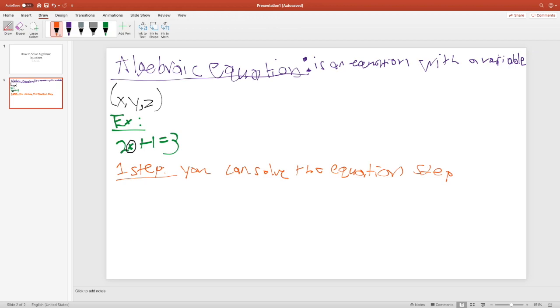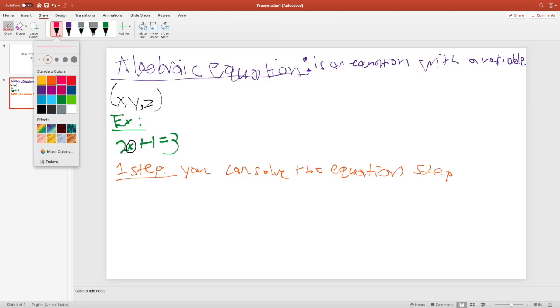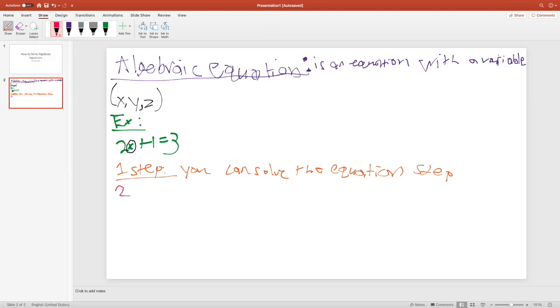And then we also have a two-step equation, which is an equation you can solve in 2 steps.